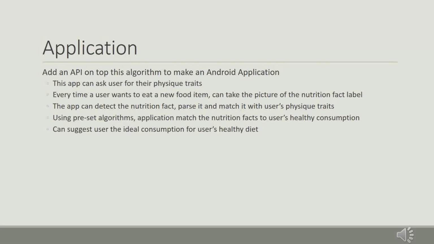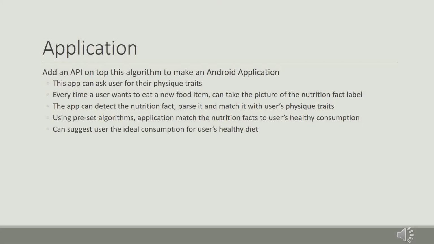It will pass it to a text detection technique like OCR. The data detected by the application will be given to some preset data set, where, according to the person's already given personal attributes like weight, body fat, or blood sugar, the application will suggest how much consumption of this particular food item is good for a person, given the nutrition facts in the table which the app already has.